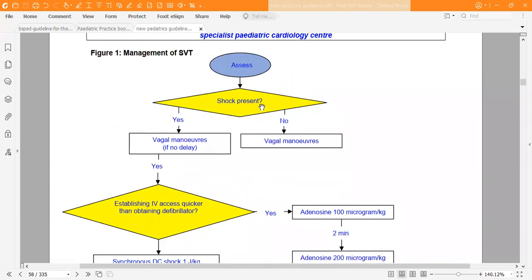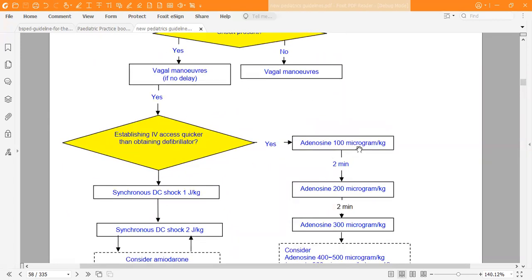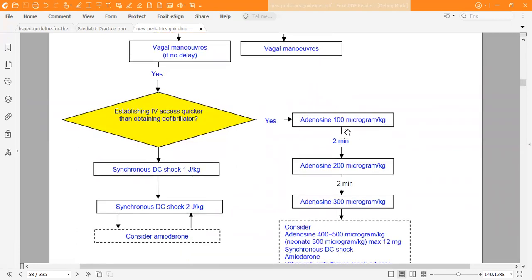Okay, if there is no shock in here, you will go straight ahead for vagal maneuvers and then for adenosine. If you establish IV access, you will give adenosine 100 microgram per kg, and then you will wait for 2 minutes. You assess the results.